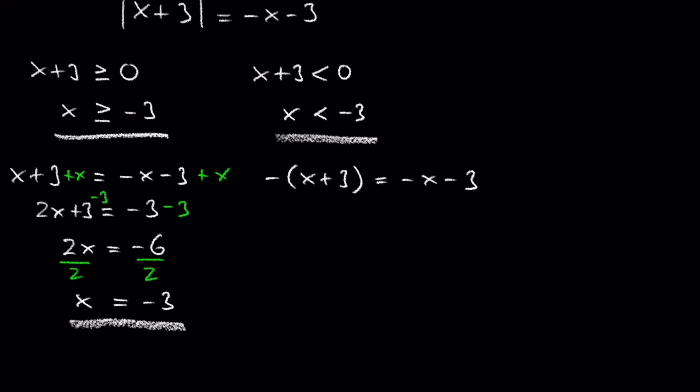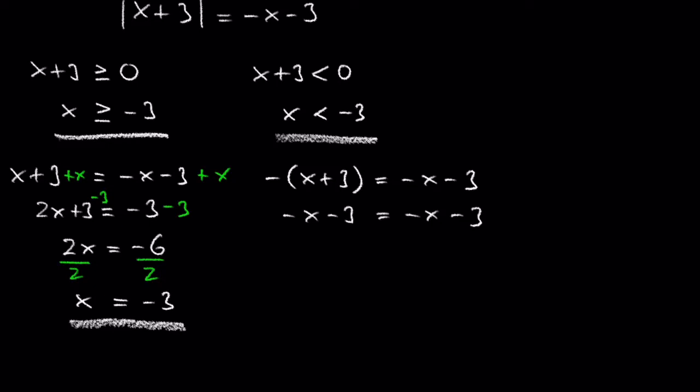Let's remove the negative sign and the parentheses, but be careful. By doing that, flip the signs in front of the x and 3. So we have negative x minus 3 is equal to negative x minus 3.